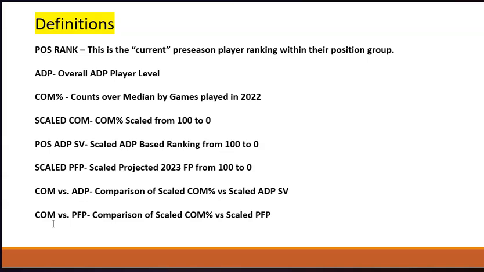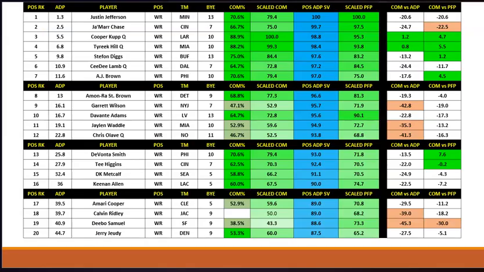So again, I don't know how far I'll get, but let's do quarterbacks, and then we will proceed as far as we need to go down. Okay, so here's an example. Oh, I'm sorry, this is wide receivers. Okay, we'll do wide receivers. See, I don't even remember. Wide receivers here.